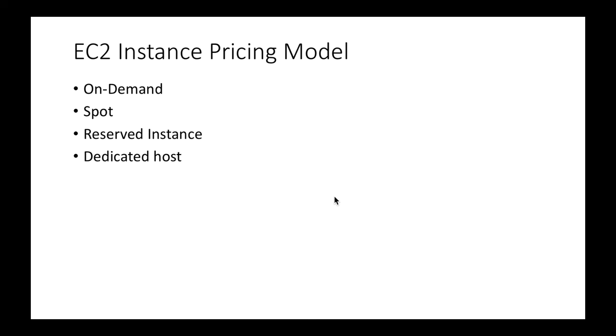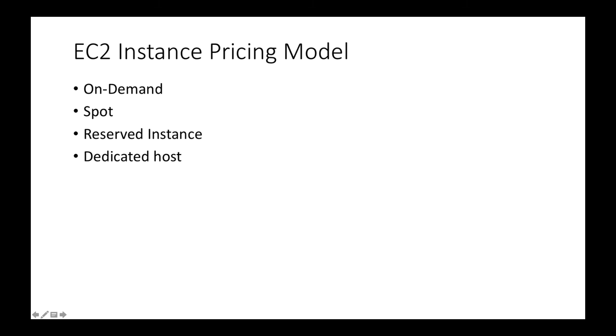So if you want a single dedicated host for yourself, you can do that as well, but it's going to be expensive. It is mostly government organizations, or organizations which work closely with the government and have very complex requirements to keep their data isolated in a single tenancy model. So they can go to that dedicated host.